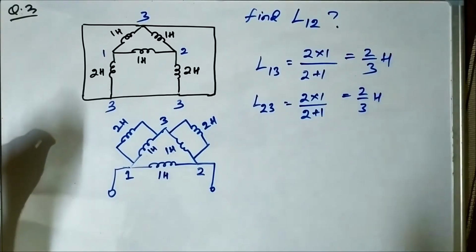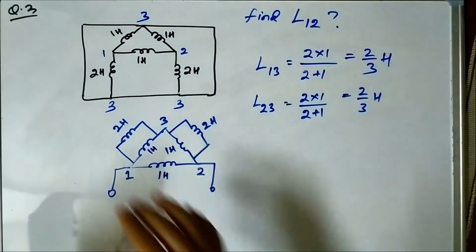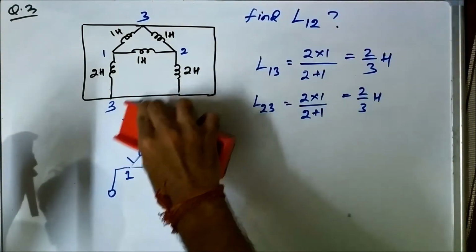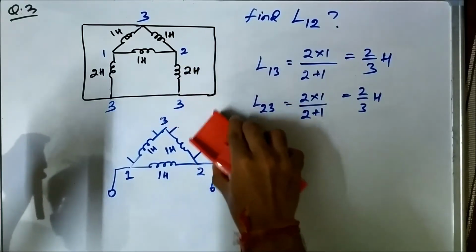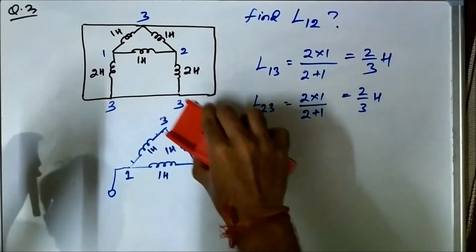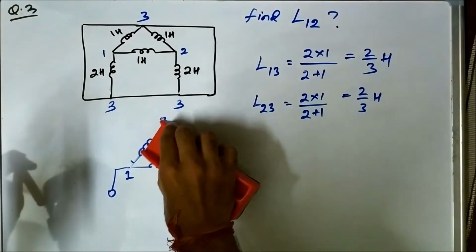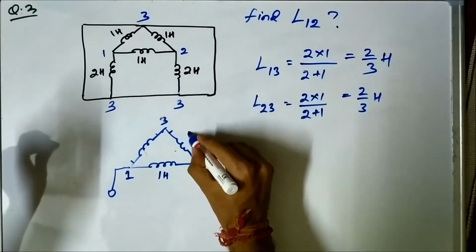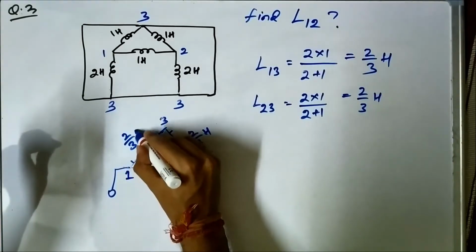Also, the equivalent inductance between points 2 and 3 is 2 into 1 by 2 plus 1, which is 2 by 3 Henry. So we can reduce this circuit diagram as this. This is 2 by 3 Henry, and this is also 2 by 3 Henry.